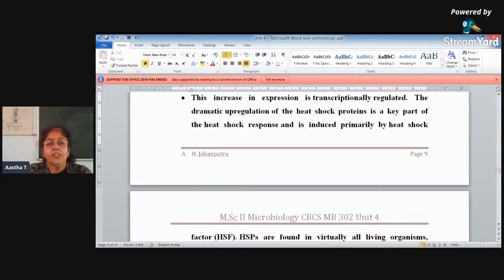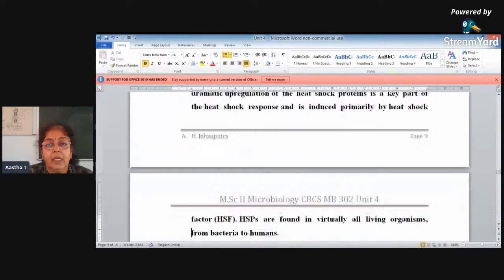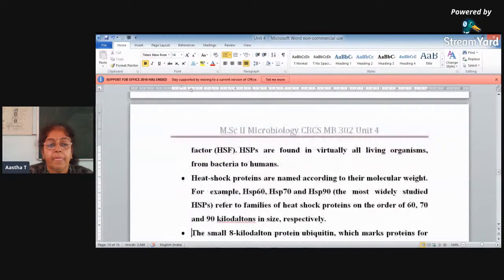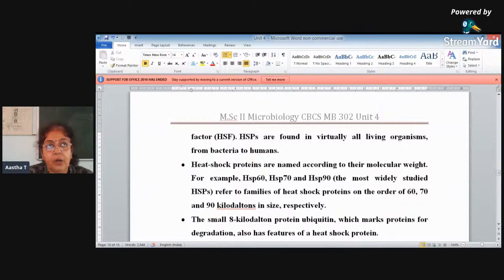So upregulation of heat shock proteins is the main part of heat shock response. That is, more and more synthesis of heat shock proteins will take place when there is exposure to some heat shock conditions, and they are present in virtually all organisms including bacteria to human beings. They are named according to their molecular weight.